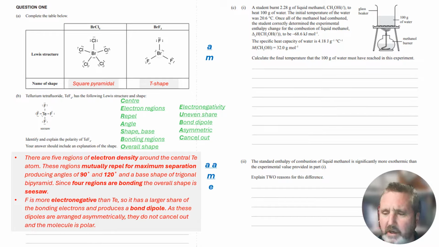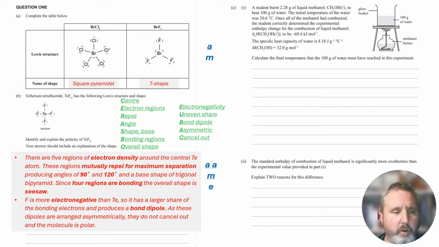You can get 2 achieve points. 1 achieve point is saying that the number of electron density regions influences the shape, and the other achieve point is that you recognize that electronegativity is involved with producing bond dipoles. So even if you don't remember the whole thing correctly, you should start writing down what you can, because there are ample opportunities to collect marks here.